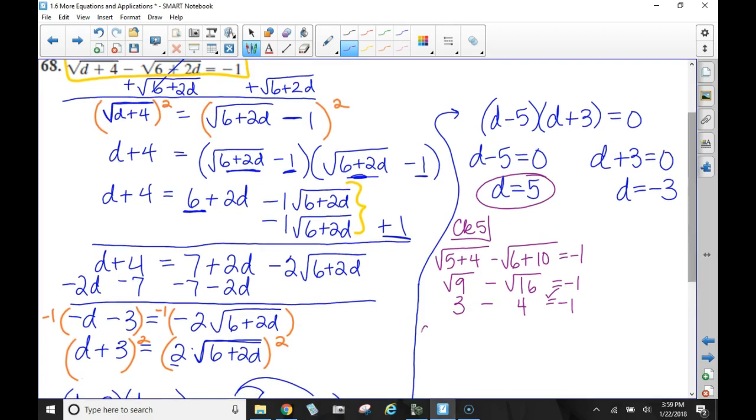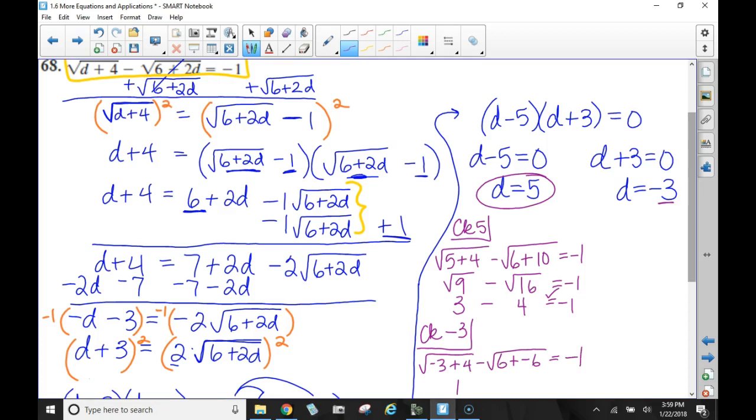Okay, let me check the negative 3. I've got the square root of negative 3 plus 4, which is the square root of 1, which is 1. Then I've got minus the square root of 6 plus 2 times the d value, negative 3, so 6 plus negative 6.